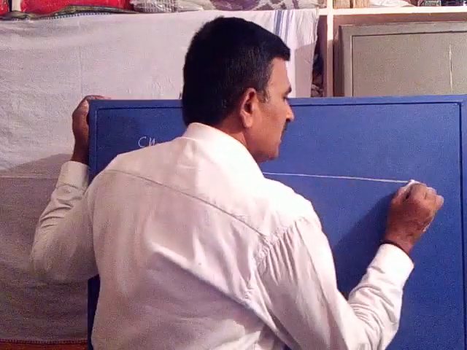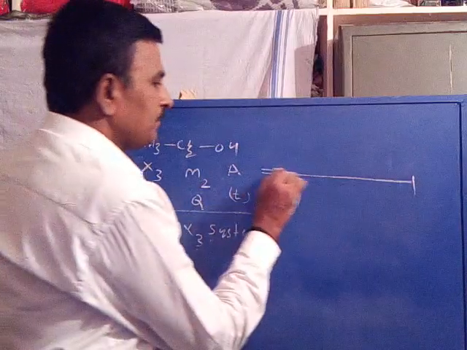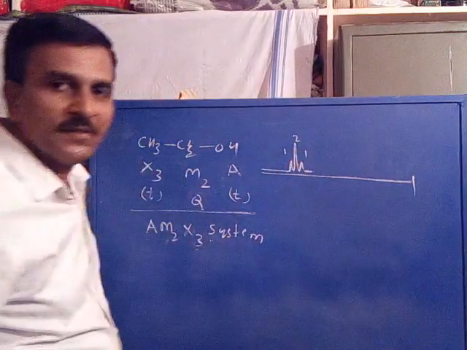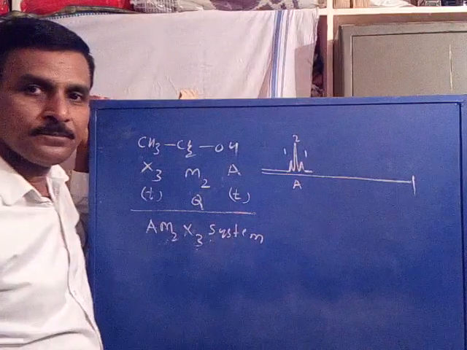Now its spectrum contains a triplet with 1:2:1 intensity, this is the A proton signal.